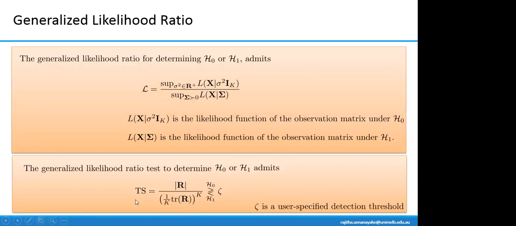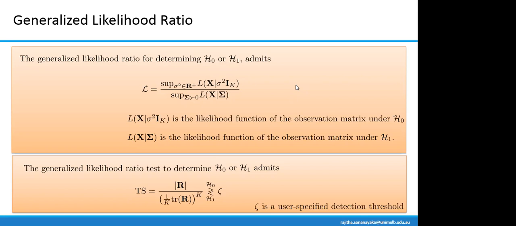I understand that you arrive at that quantity by considering the ratio of likelihoods, and the maximization of those likelihoods in the numerator and the denominator correspond to those different hypotheses.